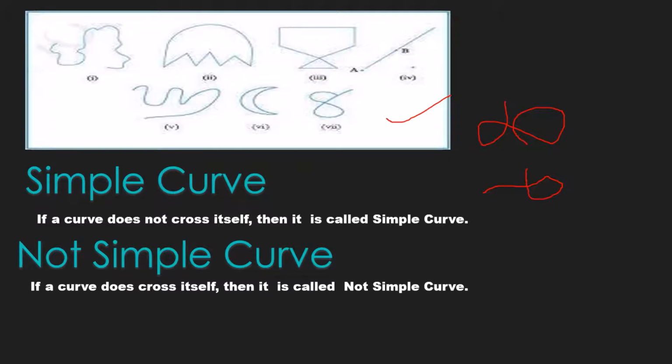If a curve does not cross itself, it is called a simple curve, like pictures 1, 5, 2, and 4. If a curve does cross itself, it is called not a simple curve. So pictures number 3 and 7 are not simple curves.